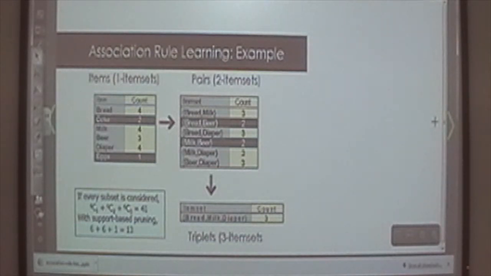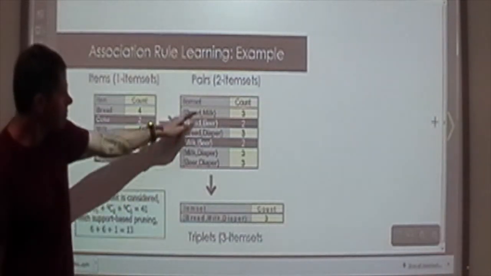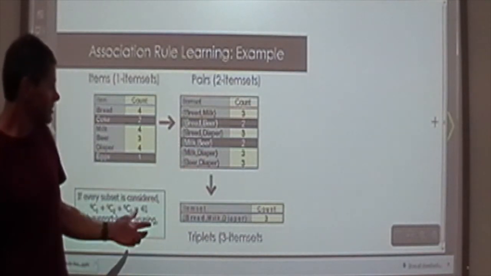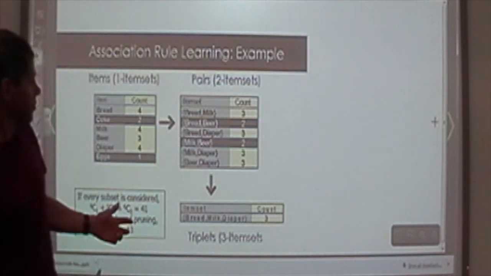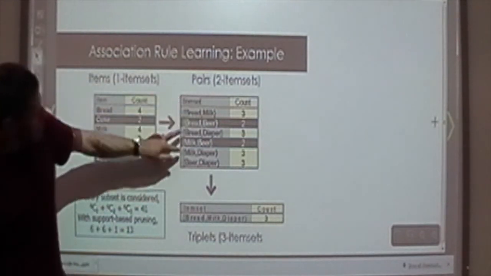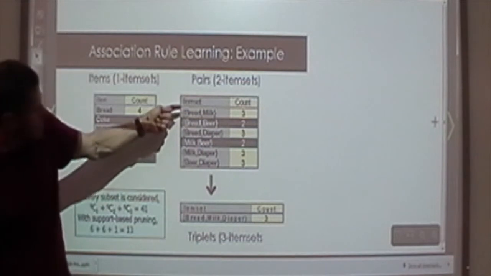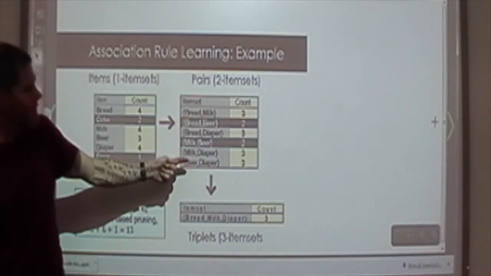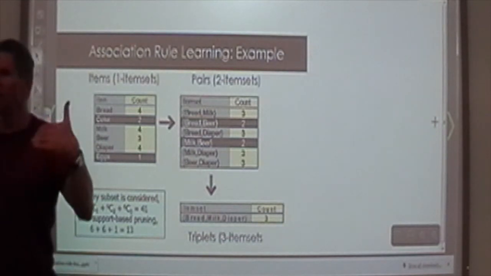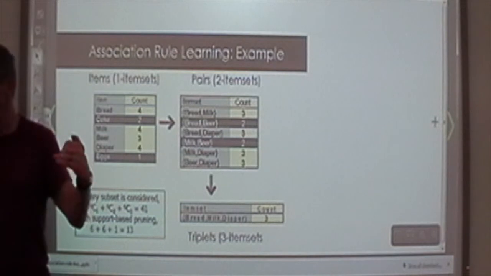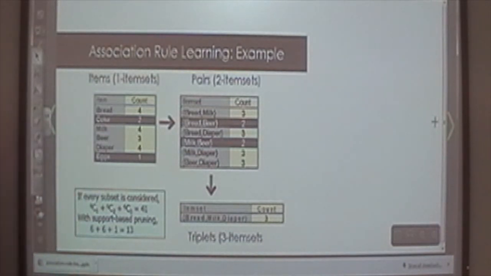So we're going to look at triples that contain bread, milk, and diapers, and there's only 1. Because if you take these 2 out, all these 4 other remaining transactions are all part of the triple bread, milk, diaper. They're subsets of bread, milk, diaper.